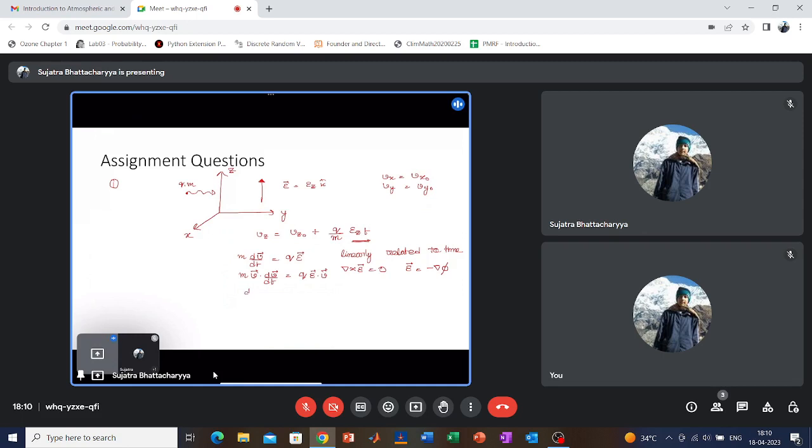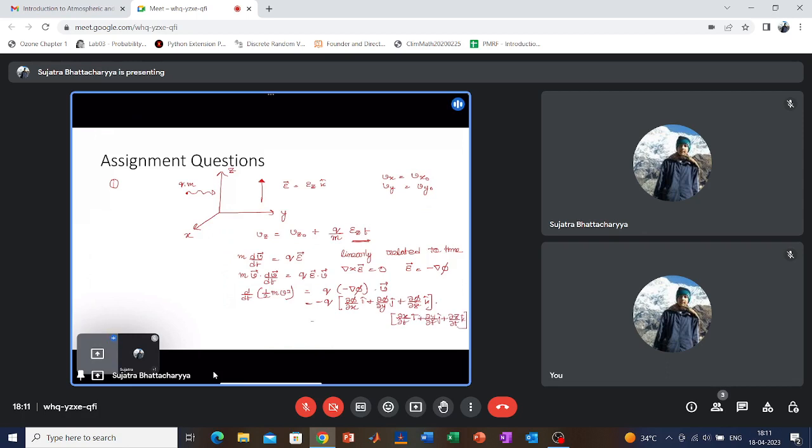This can be written as d dt of half mv square, which we can easily see, and this is q into minus grad phi dot V. Let us take the minus outside: delta phi by delta x i cap, delta phi by delta y j cap, and delta phi by delta z k cap, the gradient definition, dotted with delta x delta t i cap plus delta y delta t j cap plus delta z delta t k cap.